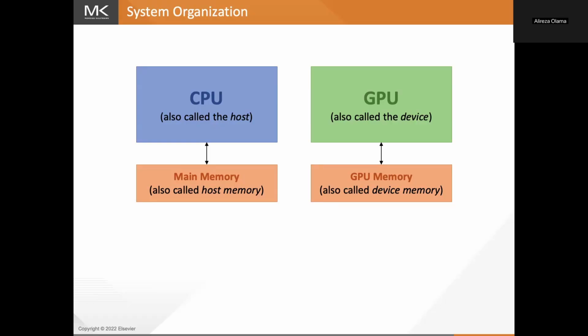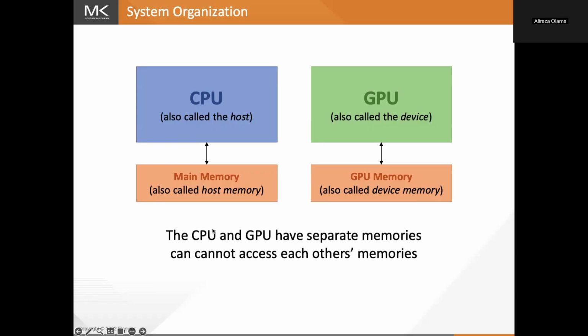So in that sense, a CPU-GPU system is a distributed memory system where you don't really have access to the memory space of different processes. Okay? All right. So as I said, if you want to use data on GPU or on a CPU, you have to explicitly transfer them from CPU to GPU, GPU to CPU.